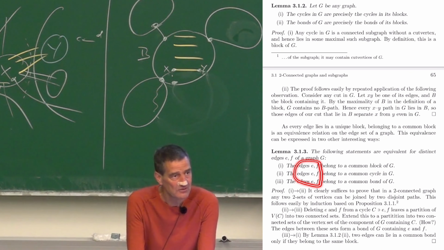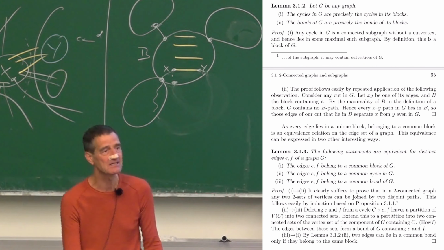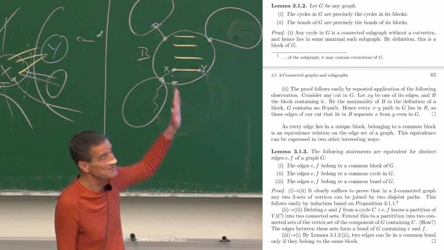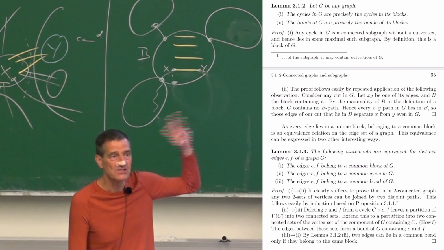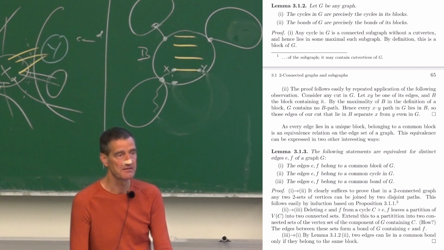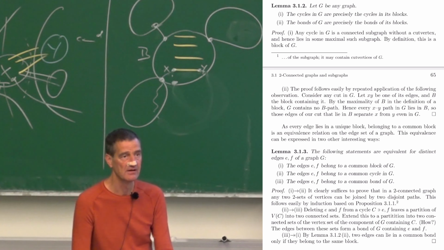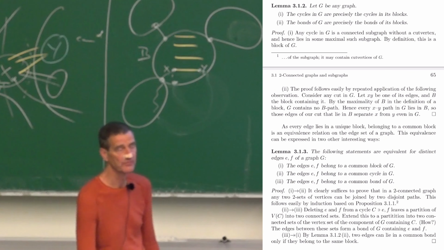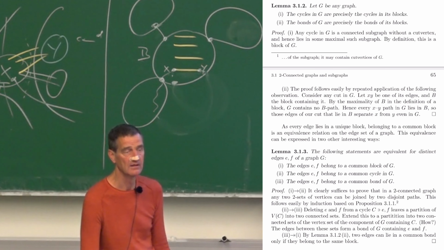Now, before we look at the proof, which is easy, of course, why is that interesting? Can you see an aspect of the first assertion that is not obvious for the second and the third? Belonging to the same block is an equivalence relation, right?